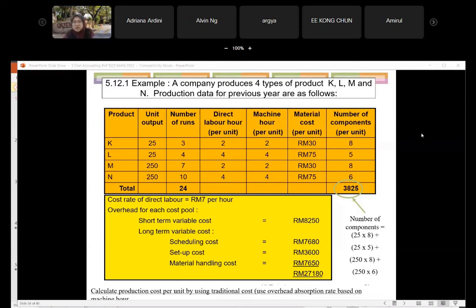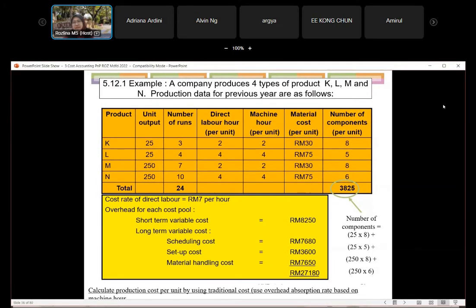Dia jawab lah. Tak saya tanya. Tak nak jawab.